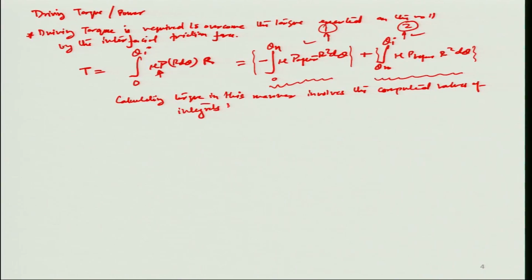Therefore, because both of them are sort of cancelling each other, there is going to be a large error, which are quite large. The numerical error will also be very large.